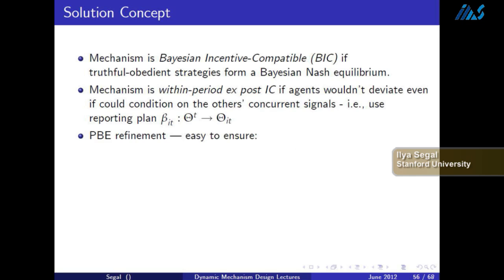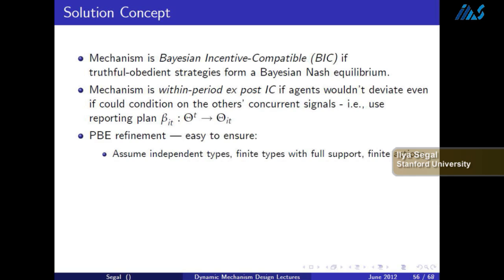Of course, in general, once an agent has lied, he will want to lie again, because it's such a general environment. There's no reason why he should remain truthful. But as long as you give him some reasonable beliefs and complete his strategy of equilibrium in some way, it will form a perfect Bayesian equilibrium.